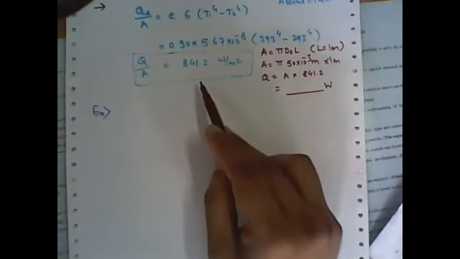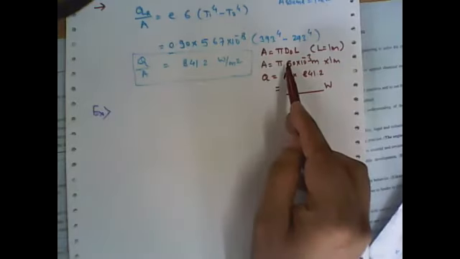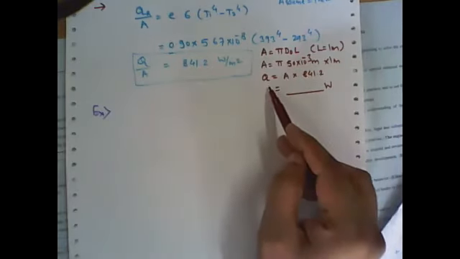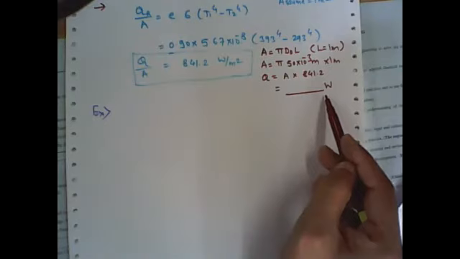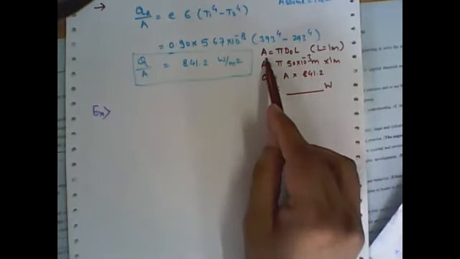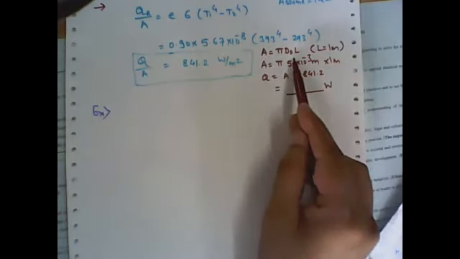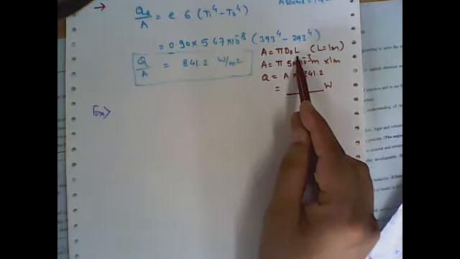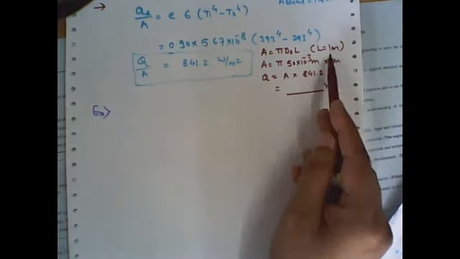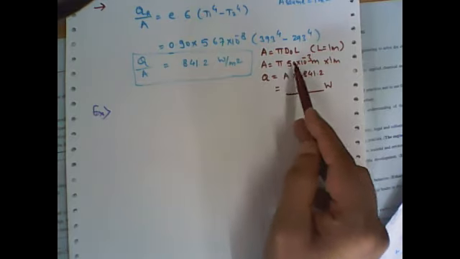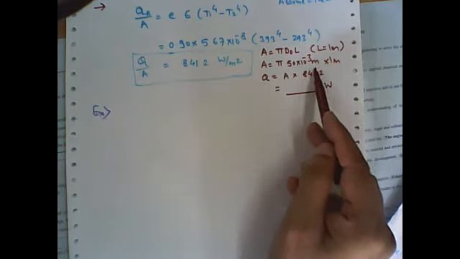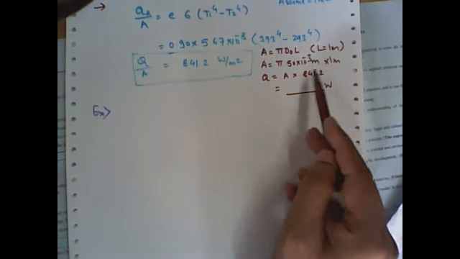So on the basis of this Q by A, you can also calculate the Q value, that is the rate of heat transfer in terms of watt. Area can be calculated with the help of the pi D L formula. L we have to assume as 1 meter, pi is constant, diameter is 50 mm, that is 50 into 10 raised to minus 3 meter, into 1 meter length.